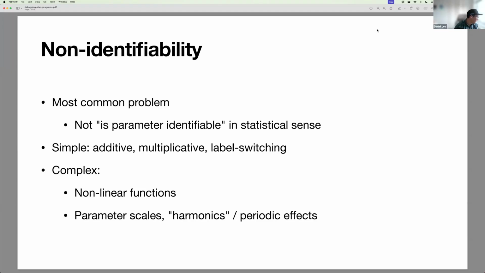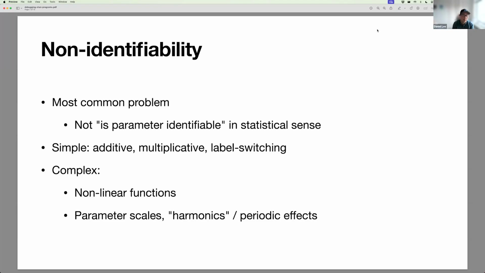In the simple case, it's two parameters that you can add together to get a quantity that you can estimate, but the two parameters separately, you can't. It can be multiplicative, it's label switching. When you get more complex, you get into nonlinear functions. I've seen it in ODEs with parameter scales.